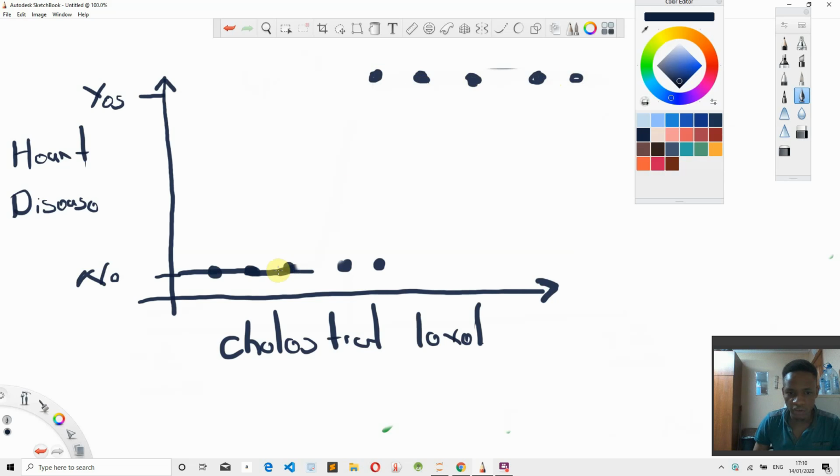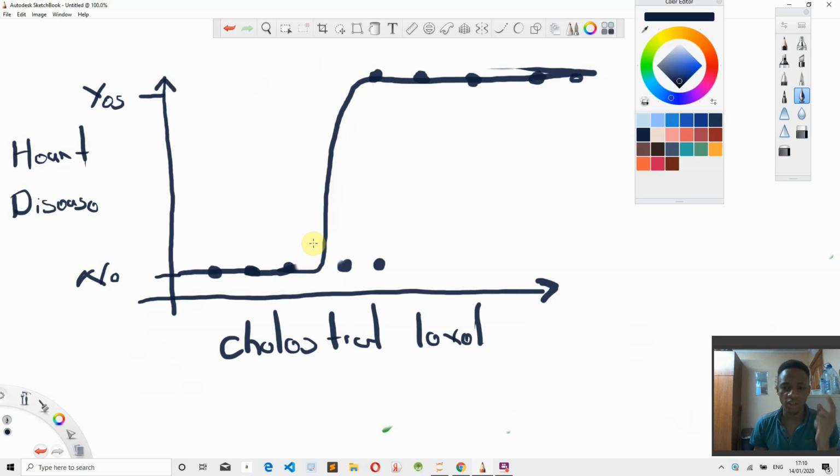The logistic function will be S-shaped. I'm sorry about my poor drawing, but it's something like this. What the logistic function does is predict if something is true or false.